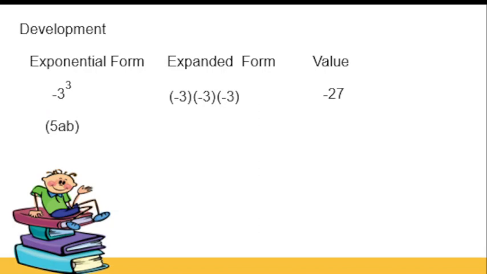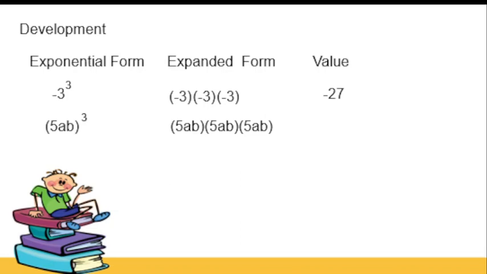Again, you have the quantity 5ab, close quantity, raised to the 3rd power. Meaning you are going to multiply 5ab 3 times by itself. So you have 5ab times 5ab times 5ab. Notice that the exponent of each a and b is 1. They are similar terms, so you have to add the exponent of a and the exponent of b.